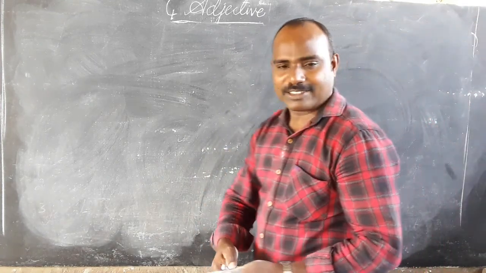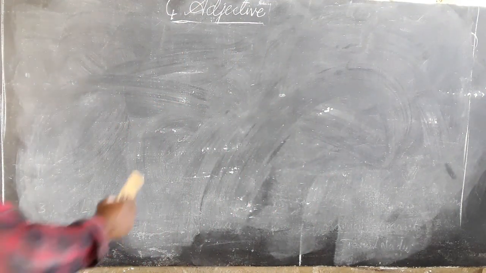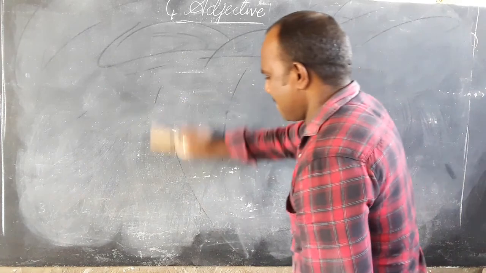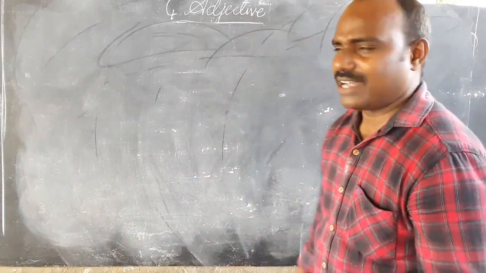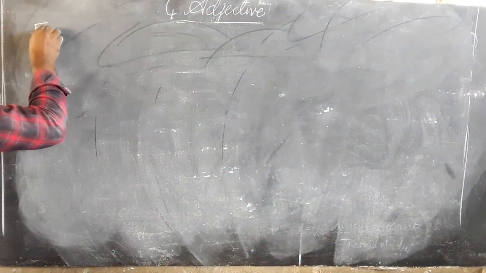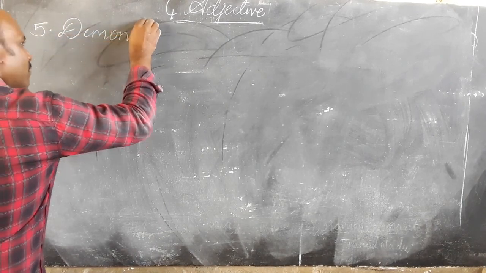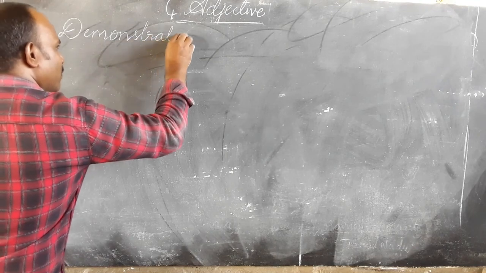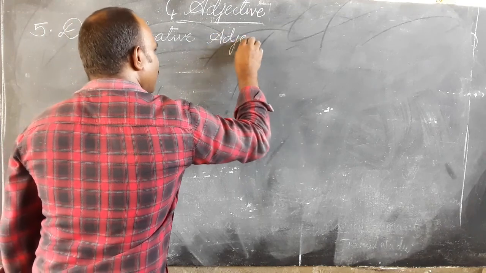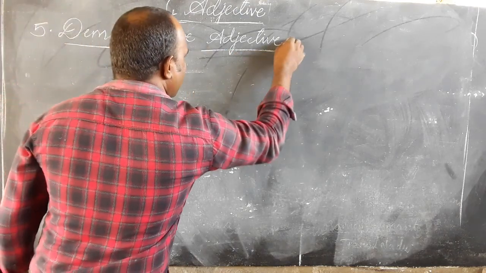Don't forget, if you have small space enough, you write there as 5th one. That is demonstrative adjective.